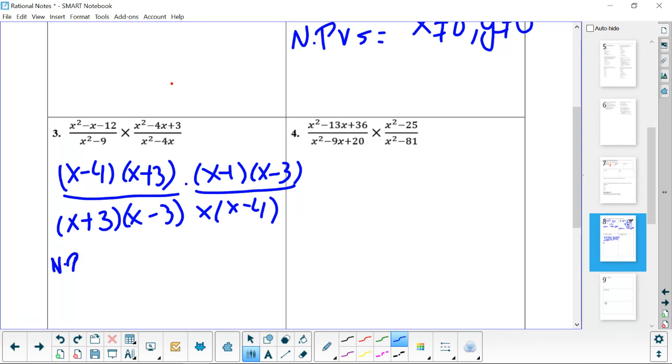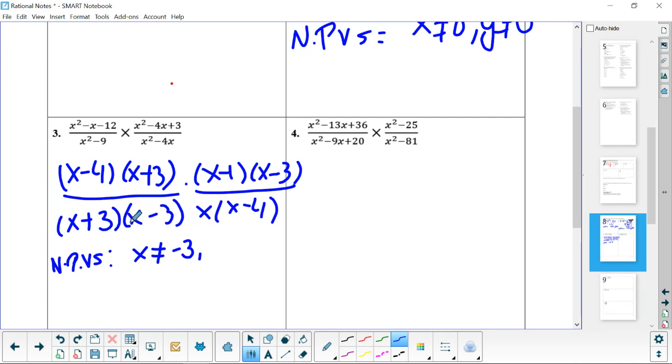Non-permissible values are, so here if I plug x as -3, -3 plus 3 becomes 0, and 0 multiplied by anything is 0. So one of my non-permissible values is -3. Next, for this part here, when I plug x as 3, 3 minus 3 is 0.